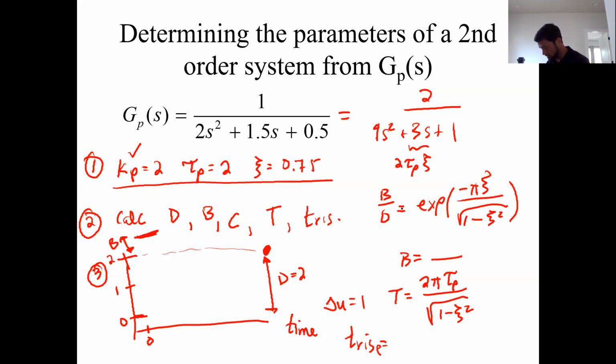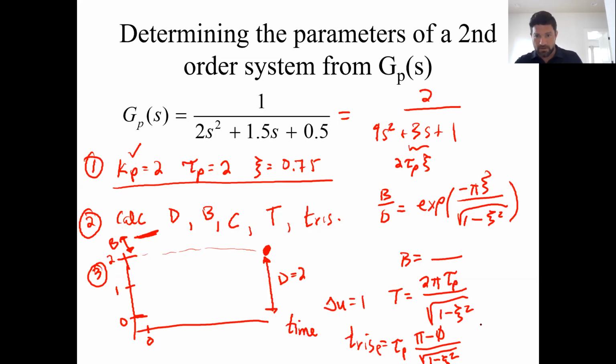For the second order process, T rise is going to be equal to tau P times theta minus phi divided by 1 minus the square root of 1 minus zeta squared.